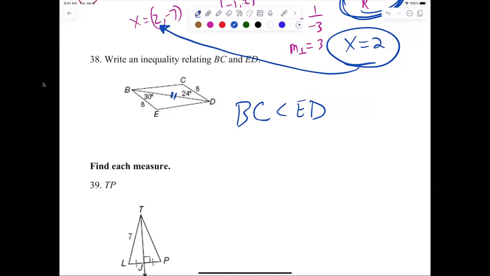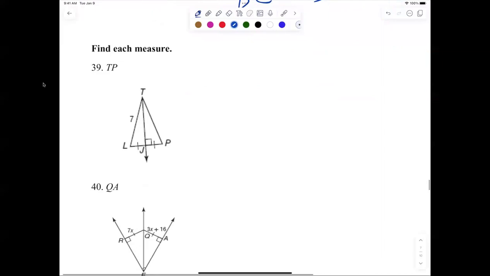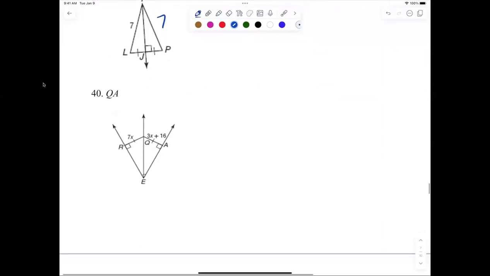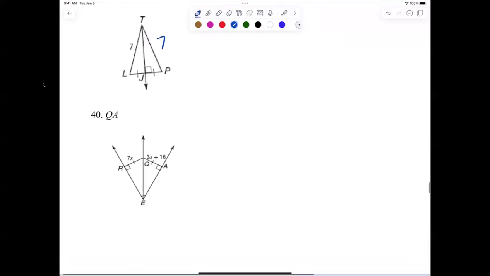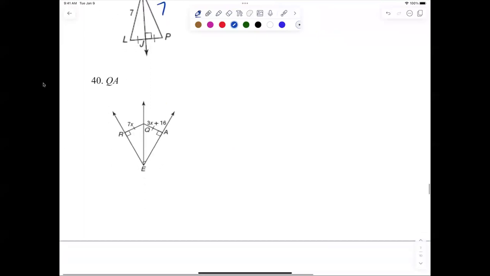And on the test, even if you forget the rules, you could look at it and say, it's obvious. So TP must be what? Now remember what it says. Find QA. So what does x equal? Therefore, 28.